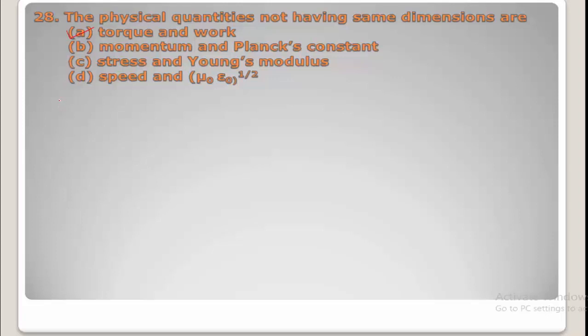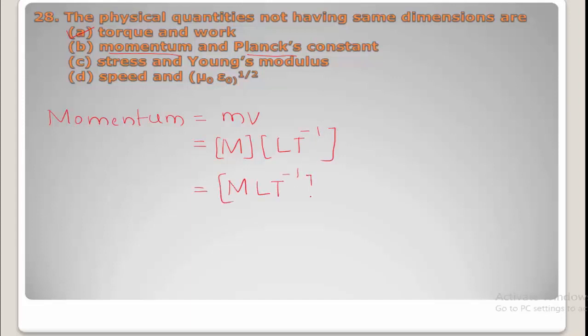Now we have to find the second one, that is momentum and Planck's constant. Let us find out for momentum. It is defined as m into v, the product of mass and velocity. Dimension for mass is M and for velocity it is L T raised to minus 1. So momentum has the dimensional formula M L T raised to minus 1.